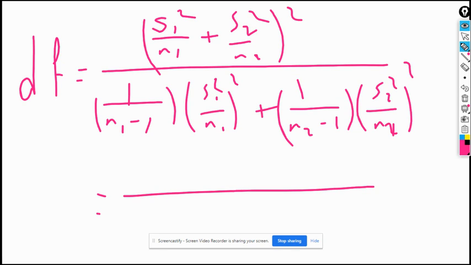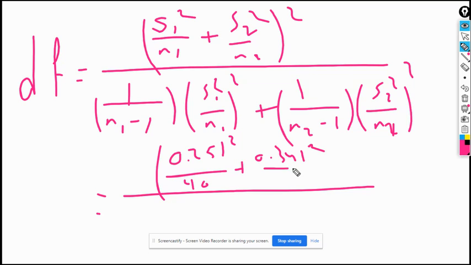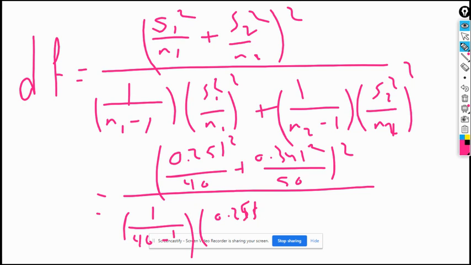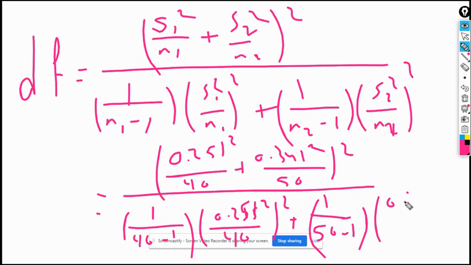I'm going to plug in: 0.251 squared over 40 plus 0.341 squared over 50, all squared, divided by 1 over 40 minus 1 multiplied by 0.251 squared over 40 all squared, plus 1 over 50 minus 1 multiplied by 0.341 squared over 50 all squared.